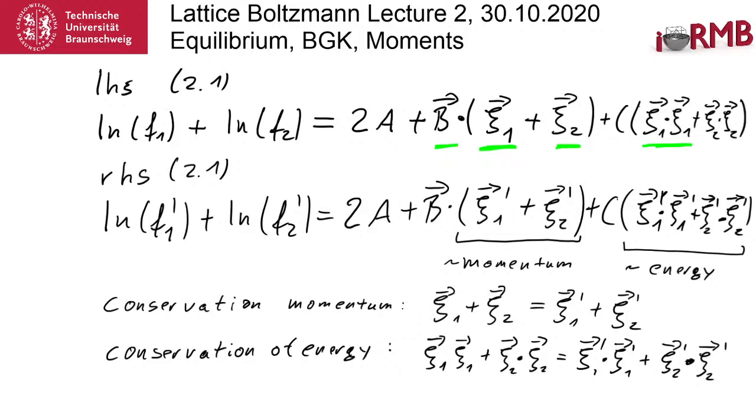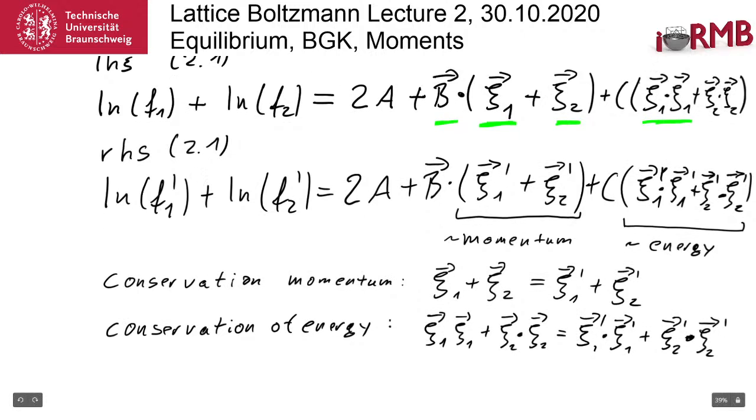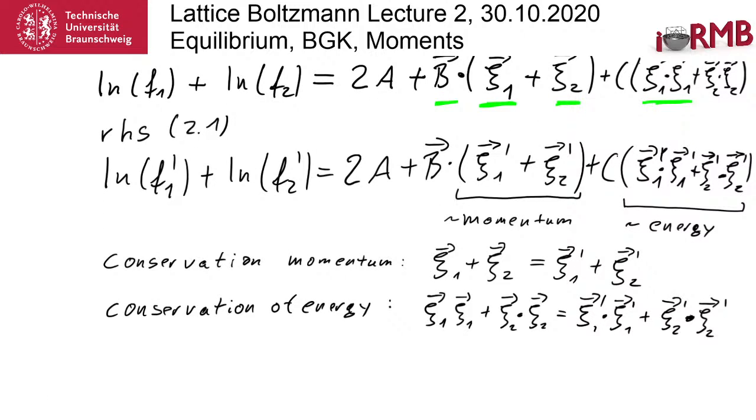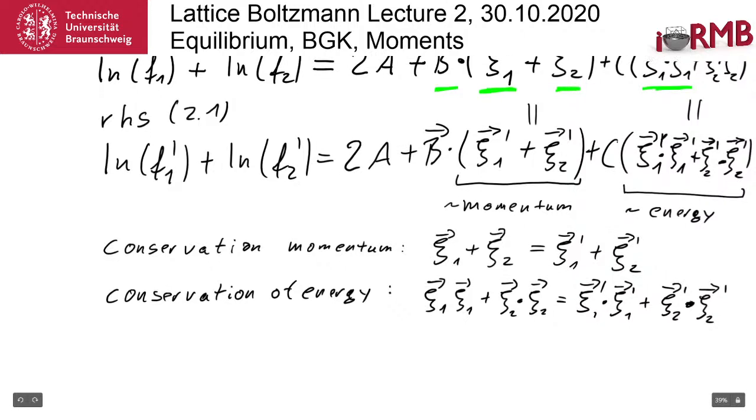So now if A, B, and C are constants, then obviously the left-hand side of this, so because these guys here are equal, these guys here are equal, then this is true, right?